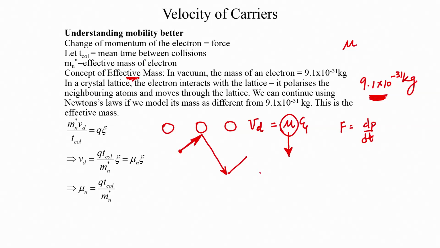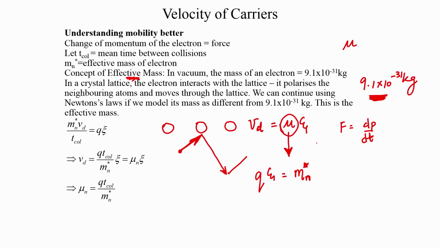Then we say that let qE be the force experienced by the electron, and that force is equal to the mass, which is now not 9.1 times 10 to the power minus 31 kilograms, but the effective mass of an electron, which is a modeling parameter that we define. So we say that the effective mass of an electron is Mn star.